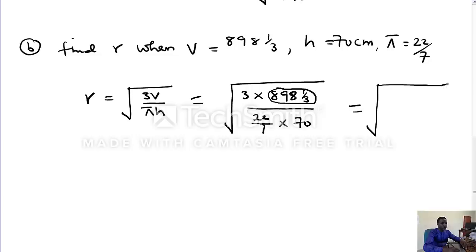How do I express 898 whole number 1/3 as a fraction?